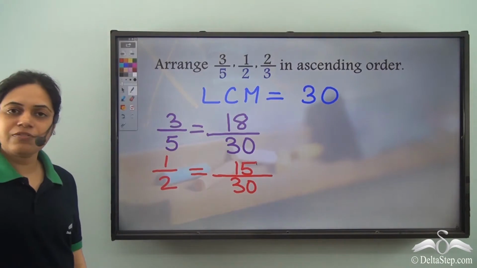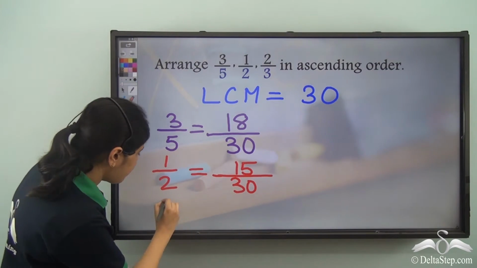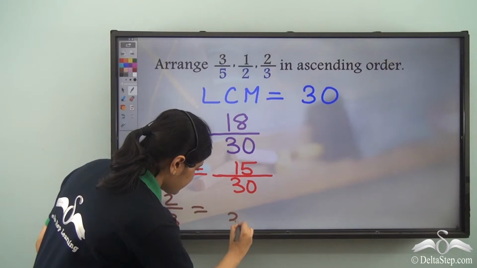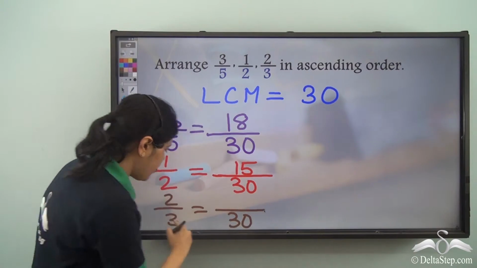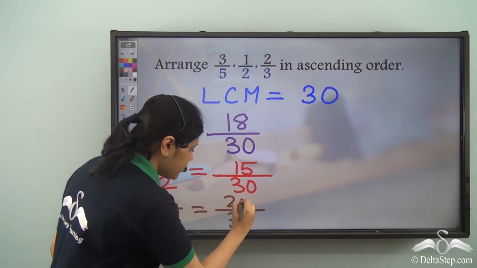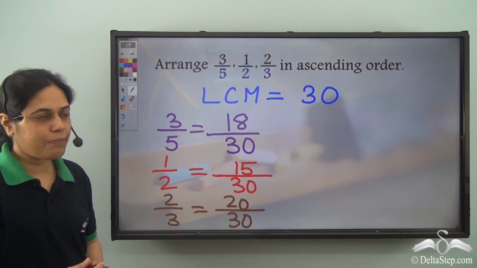So these are equivalent fractions. Next I have 2 by 3. Now 3 into 10 is 30. So 2 into 10 will be 20. So these are like fractions and I can compare them.